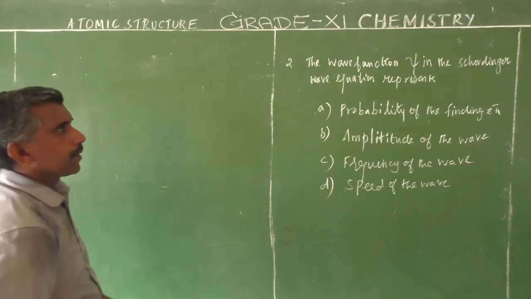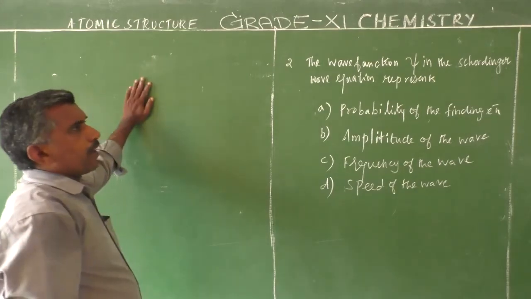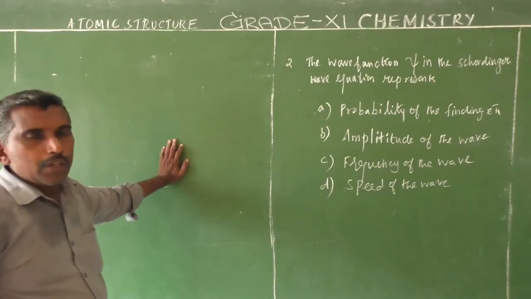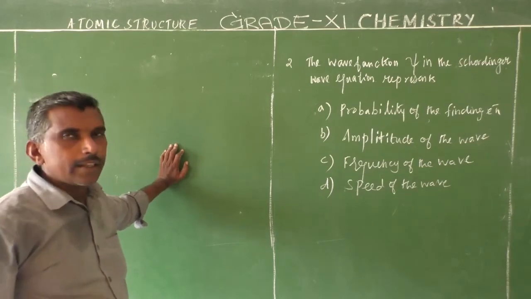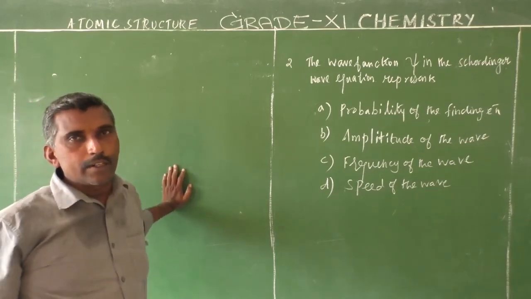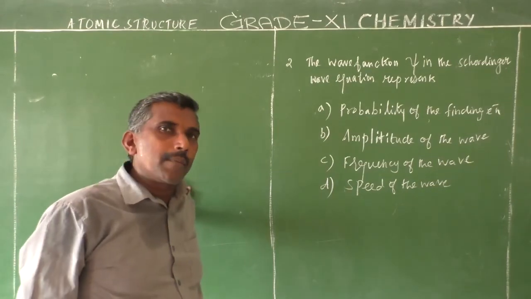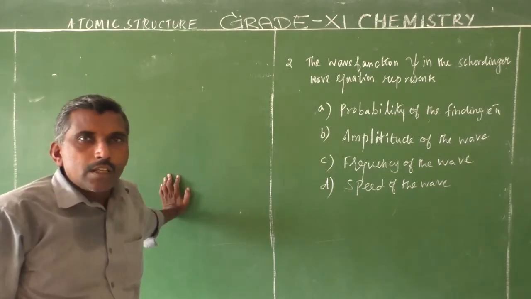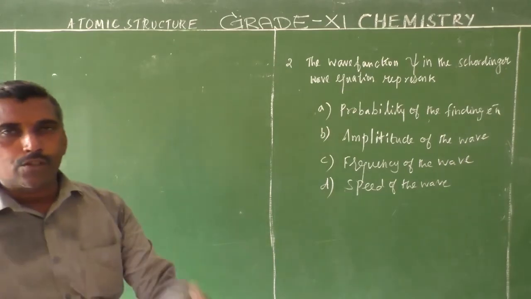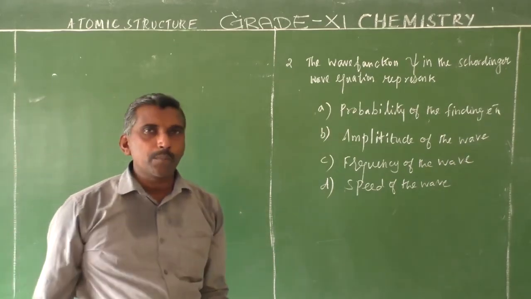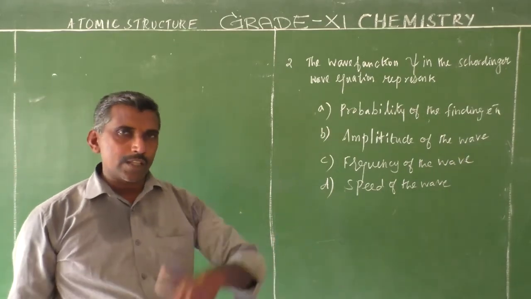Question: the wave function psi in the Schrödinger equation. The Schrödinger equation deals with the wave nature of the electron. Previously we have seen the dual nature of matter, de Broglie dual nature. The electron behaves as a particle as well as a wave. When it behaves as a wave, its function describes that wave nature.